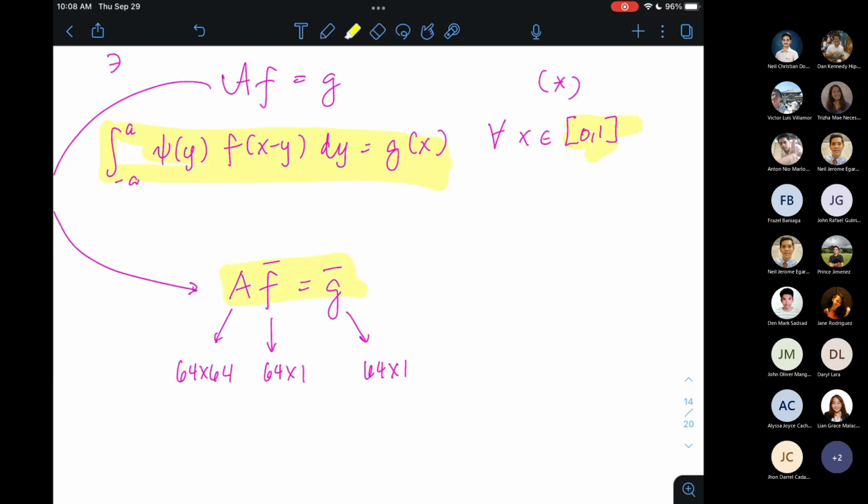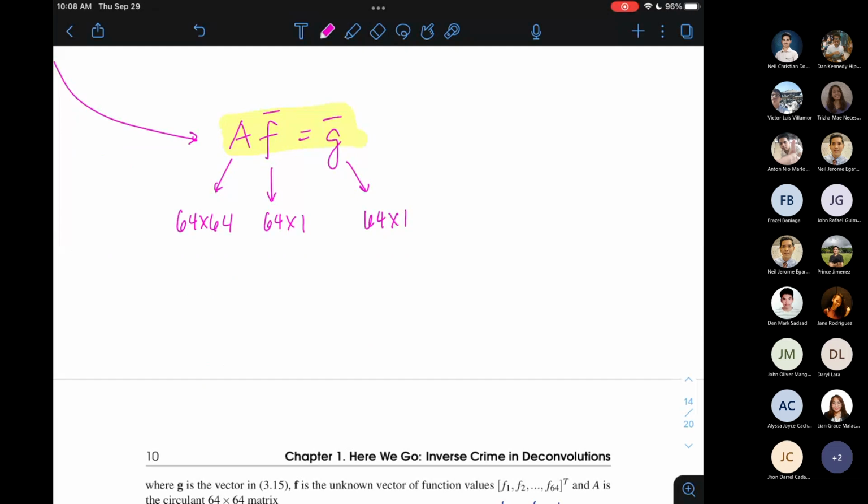Kaya ito ay isa lamang discrete approximation o isang discrete model para doon sa ating continuous problem. Okay? And the nice thing about the discrete model ay kaya nating itong ipasolve sa ating computers, right?